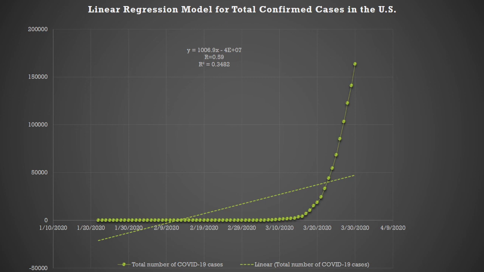The R-squared value of 0.3482 means that 34.82% of the variability in the total number of cases is explained by the model. This value is generally considered a weak or low effect size, so most of the variability is not explained by the model.